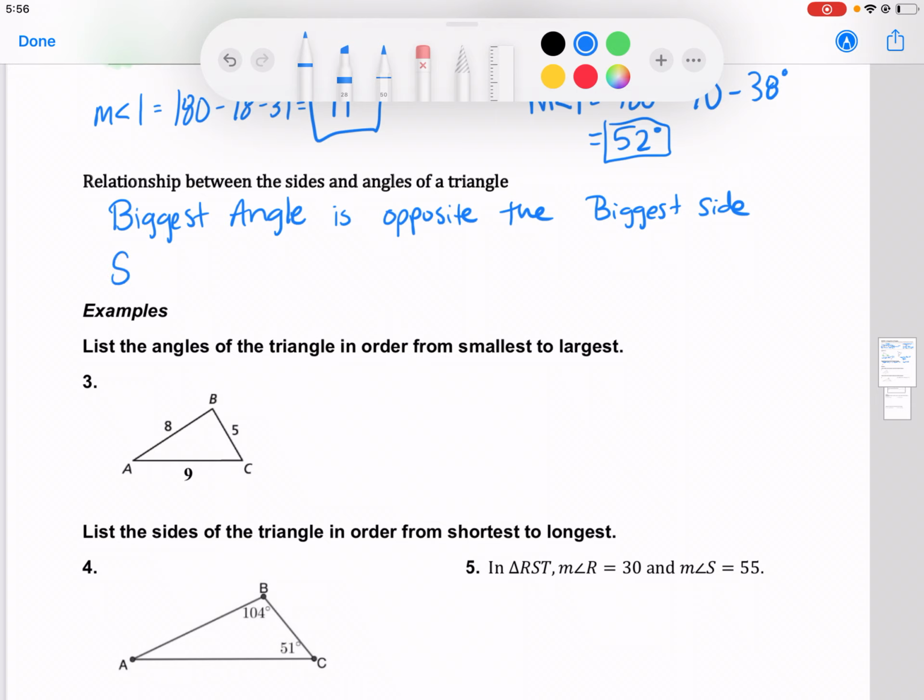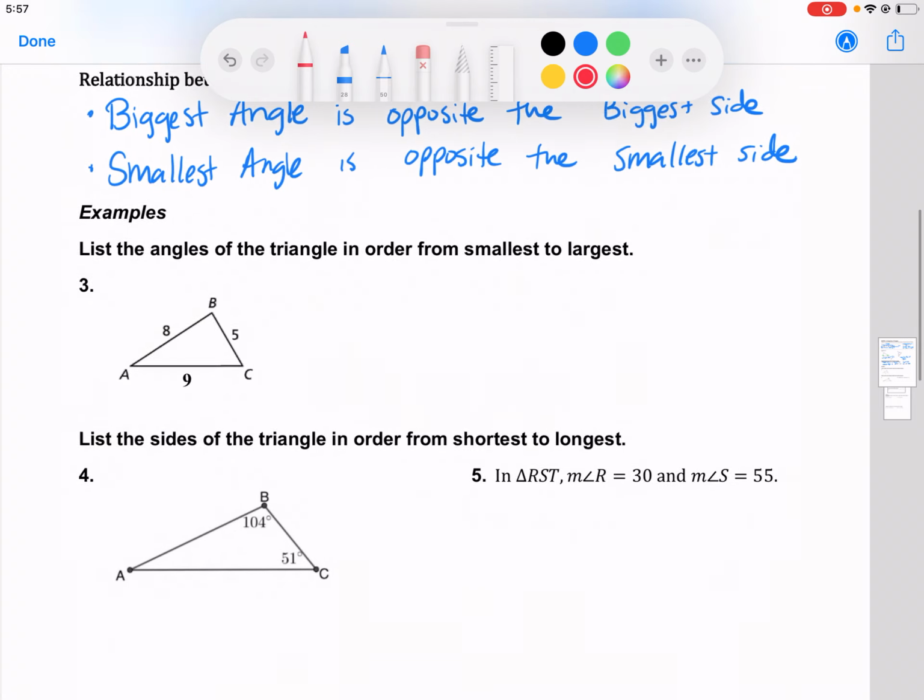So smallest angle is opposite the smallest side or shortest side. So the reverse is true. So your biggest side is always opposite the biggest angle, and so on.